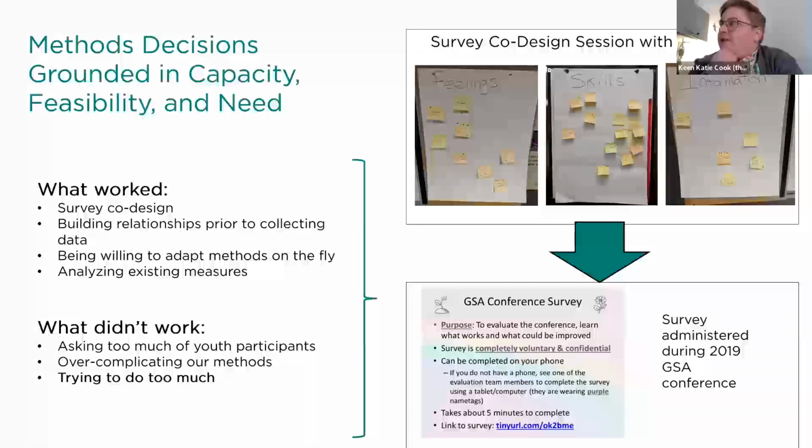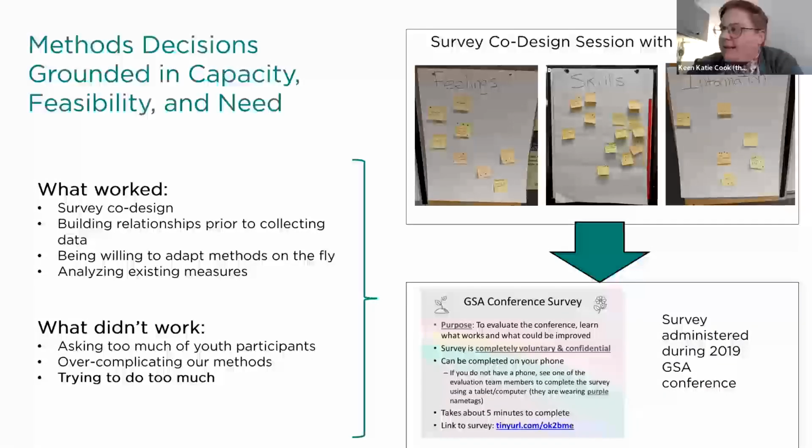So in developing this survey, one of the consultation tools we did is we put up 3 pieces of chart paper and asked the youth, what do you want to know about people's feelings about the conference, the skills they're working on, and the knowledge or information they're learning? And youth put up Post-its about things they would want to know about. The team then went away and created questions to measure the things that youth were interested in measuring.